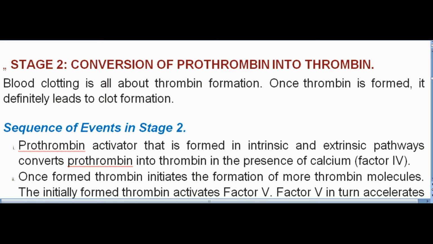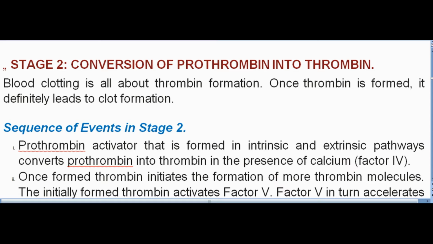Stage 2, conversion of prothrombin into thrombin. Blood clotting is all about thrombin formation. Once thrombin is formed, it definitely leads to clot formation. Sequence of events in stage 2. Prothrombin activator that is formed in intrinsic and extrinsic pathways converts prothrombin into thrombin in the presence of calcium, Factor IV.